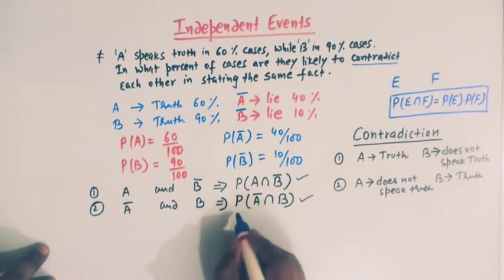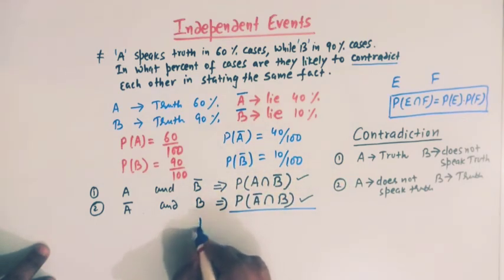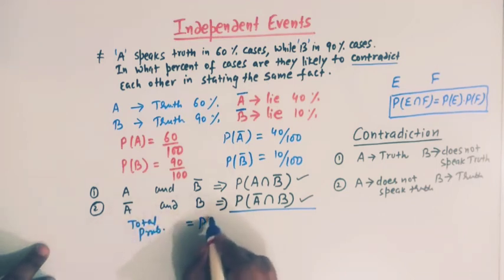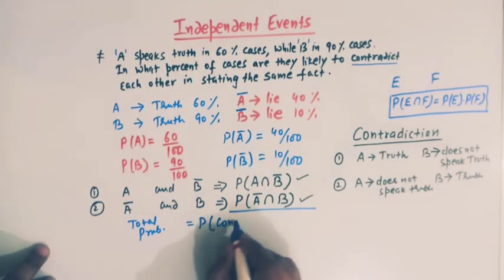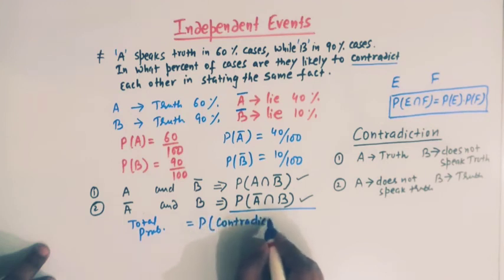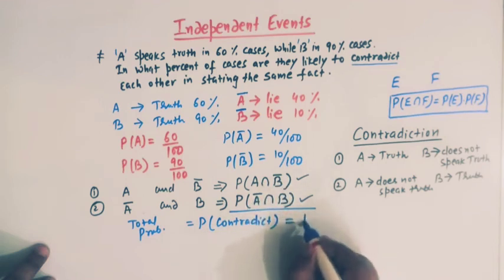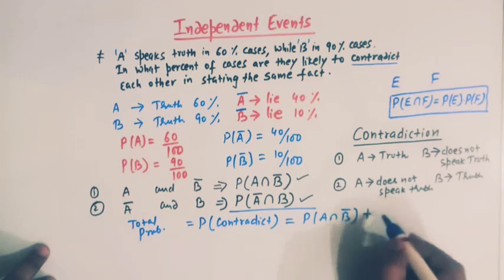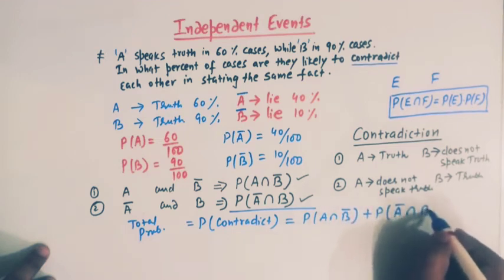So now we have to add these two probabilities. The total probability that A and B will contradict each other is the sum of P(A intersection B complement) plus P(A complement intersection B).